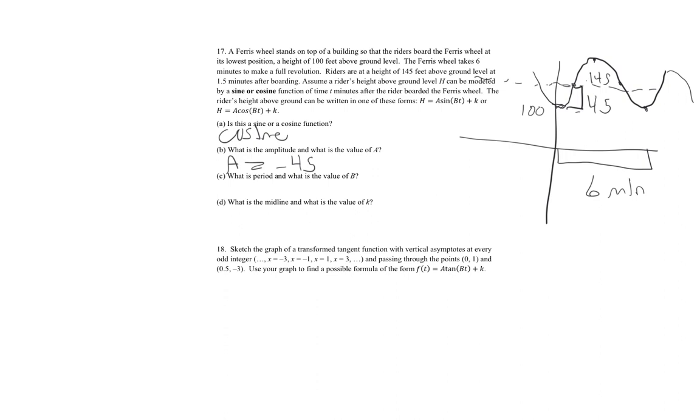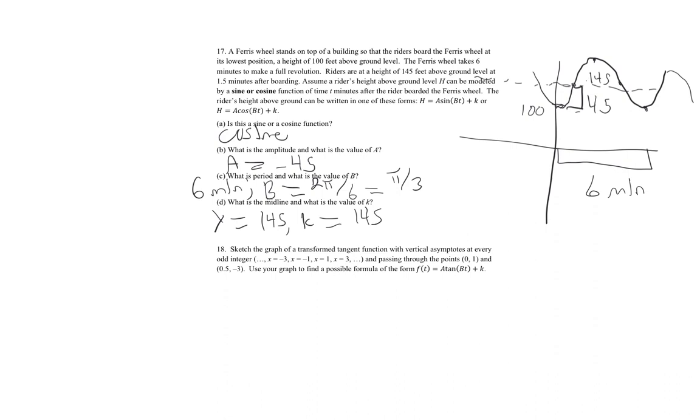What is the period and what is the value of B? The period is 6 minutes. B is 2 pi over 6. So B is pi over 3. What is the midline and what is the value of K? The midline is y equals 145, and K is equal to 145.